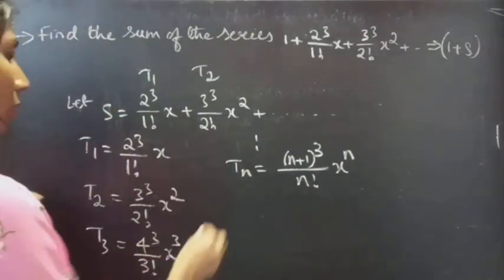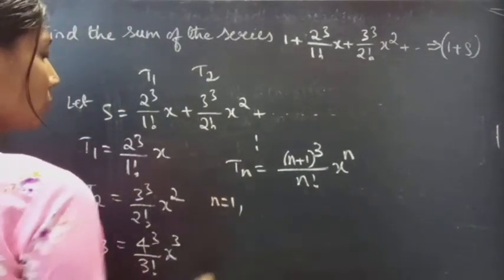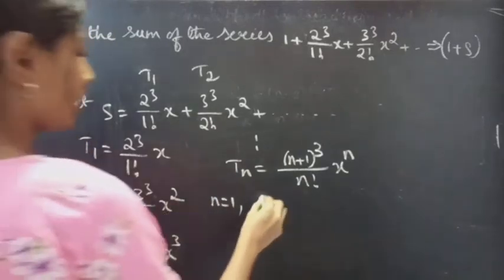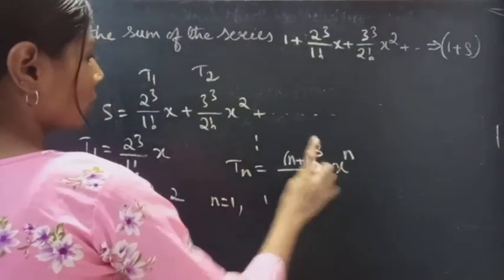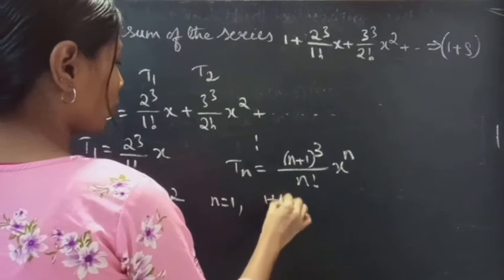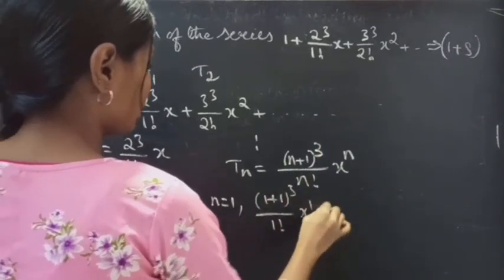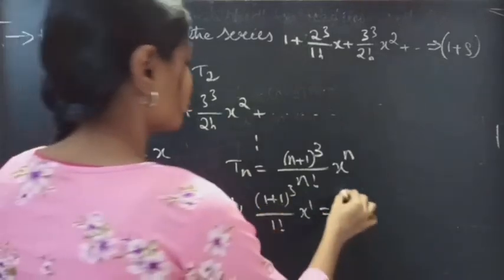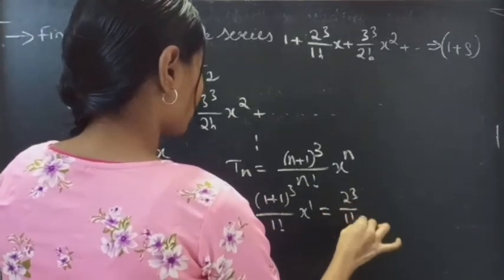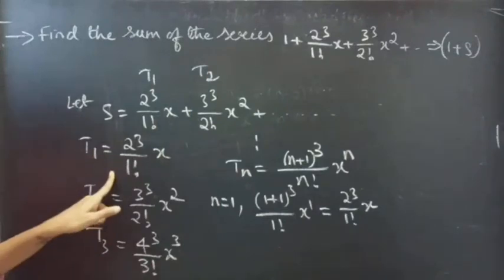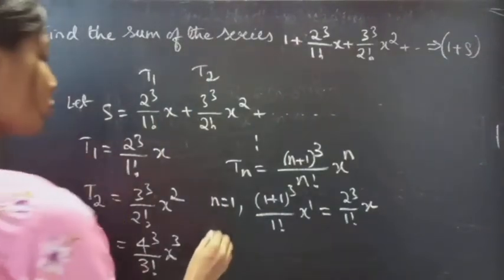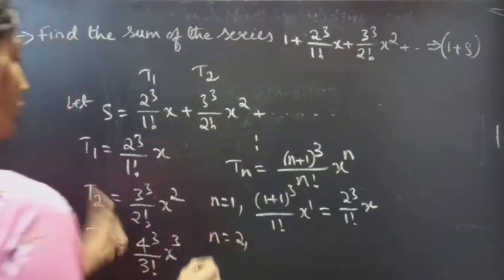Then if you put n equals to 1, you have to get t1. So let's check. Substitute n equals to 1 in RHS, then you'll get 1 plus 1 whole cube by 1 factorial into x power n, which equals 2 cube by 1 factorial into x, our first term, right? If you put n equals to 2, we should get the second term.